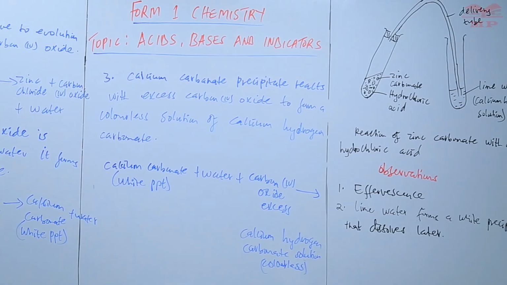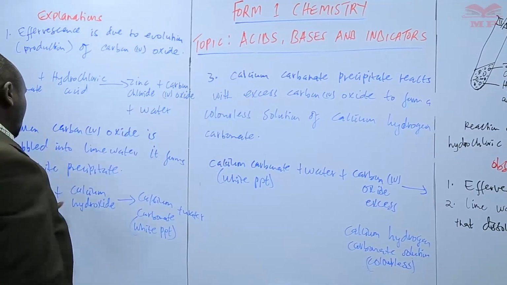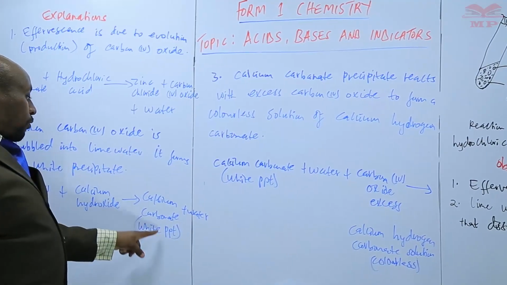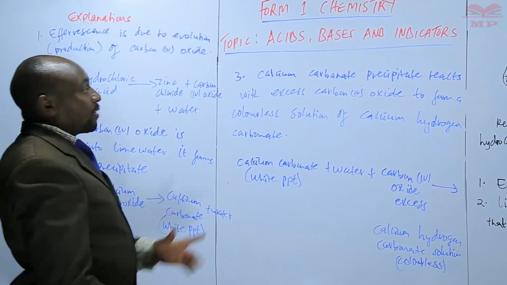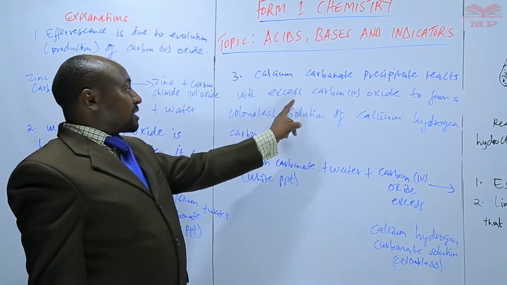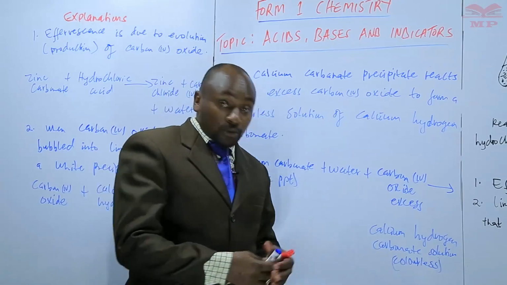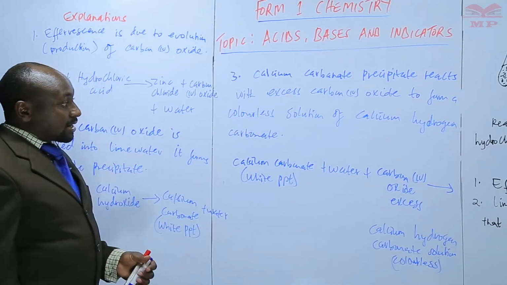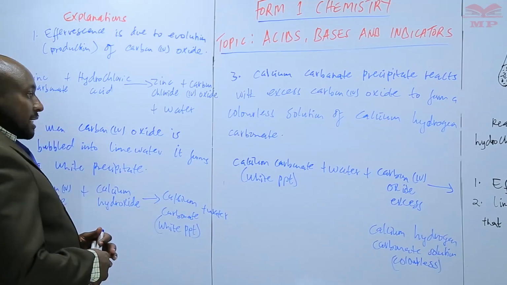Two, the carbon dioxide reacts with the lime water, which is calcium hydroxide, to form a white precipitate. The third, the white precipitate reacts with excess carbon dioxide to form a colorless solution. So it therefore dissolves. So that is as far as the explanations for that experiment is concerned.